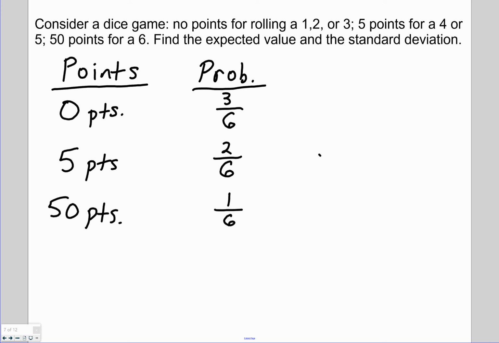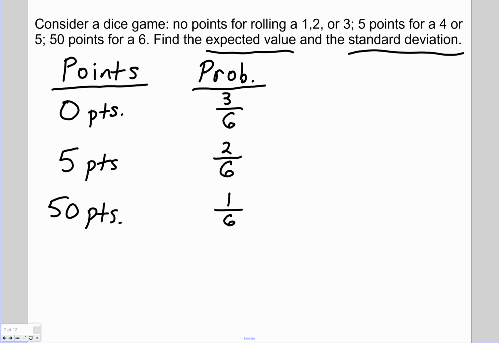Now, we're going to find 2 things with this model. This probability model is going to have an expected value, and it's going to have a standard deviation. To find the expected value, we take the possibilities in terms of our points here, 0, 5, and 50, and we multiply them by their respective likelihoods or probabilities.